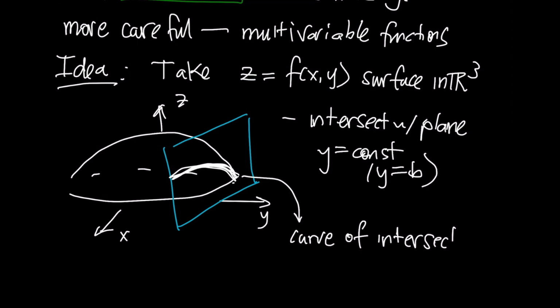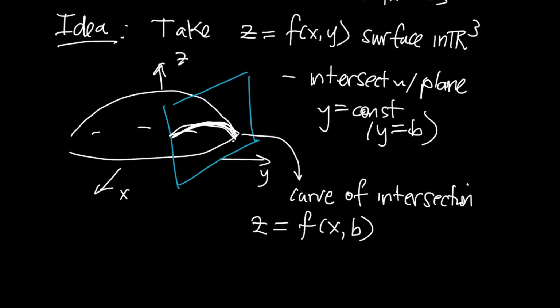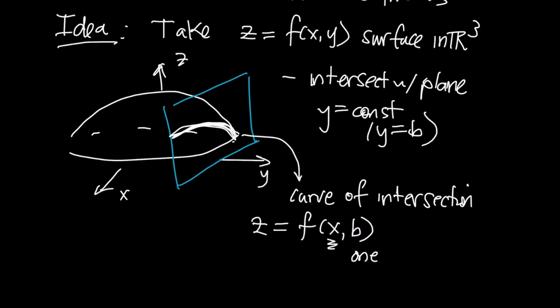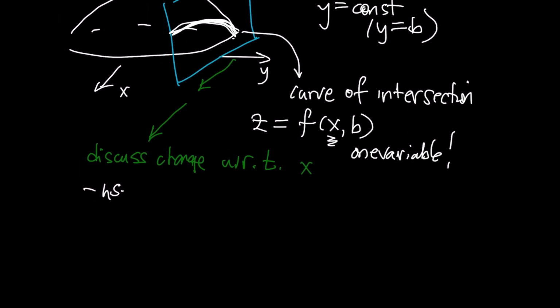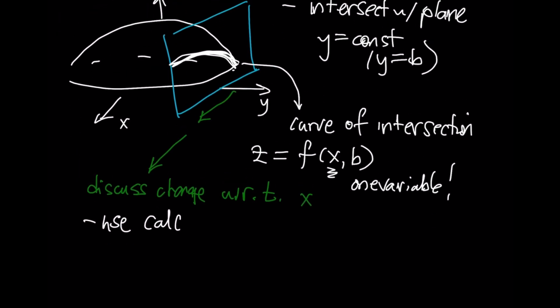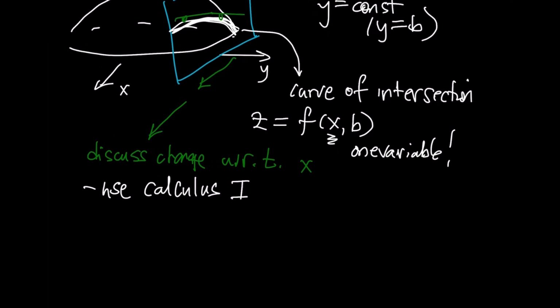So now the curve of intersection is z as a function of x, but b is a constant. So really it's just a function of one variable. So we will discuss the change with respect to x. We're just going to use our Calculus 1 definition. And then we're going to talk about things like the slope of a tangent line.